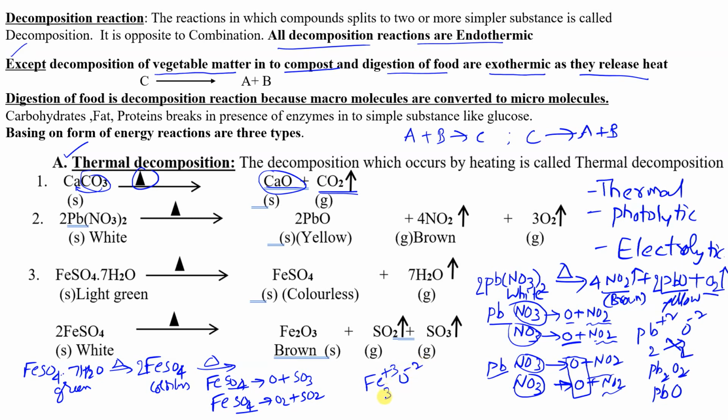Valency 3, valency 2. If you crisscross, Fe2O3. That means 2 irons combine with 3 oxygens. Remaining substances: SO3 is a gas, SO2 is a gas. Its name is sulfur dioxide.